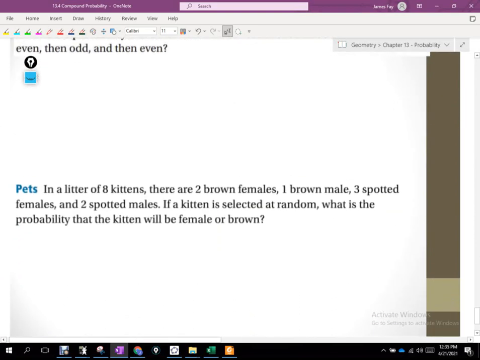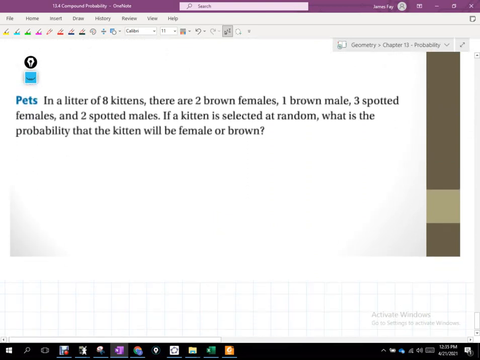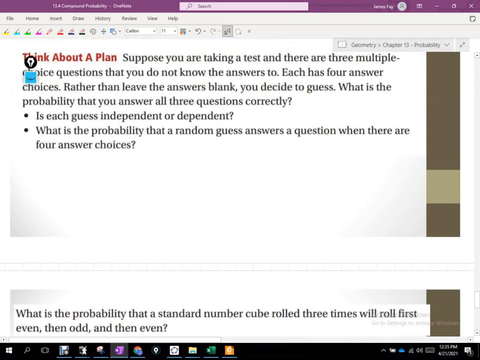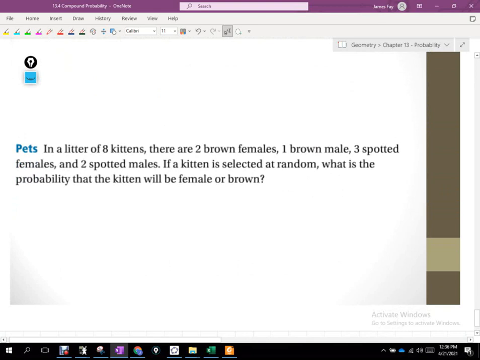Let's see if I've got an example down here. Let's do this one. In a litter of 8 kittens, there are 2 brown females, 1 brown male, 3 spotted females, and 2 spotted males. A kitten is selected at random. What is the probability that the kitten will be female or brown?